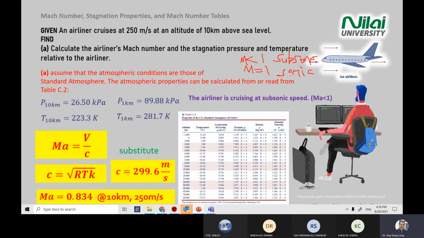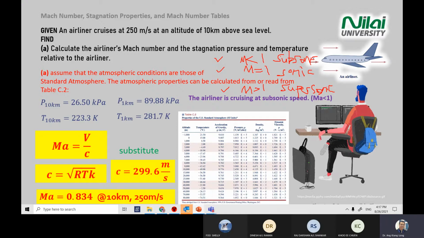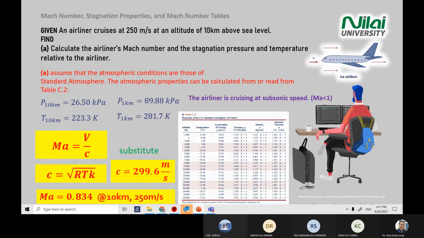At Mach number equal to 1, you will see a shock wave happen. So later, we will learn the phenomena, what happens if you have a sonic case. Then if your Mach number is more than 1, you have a supersonic scenario or supersonic speed. Okay. Right. So these are the names that are important when you communicate with aircraft designers or fighter jet designers or anything that goes beyond Mach number 1. Okay. Subsonic, sonic, and supersonic. All right.